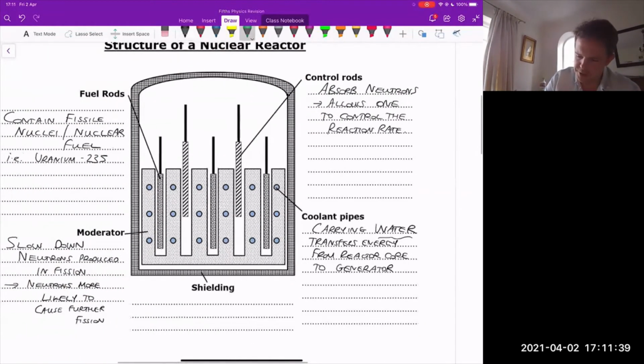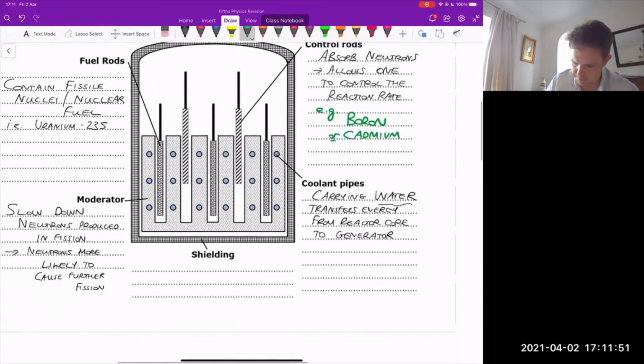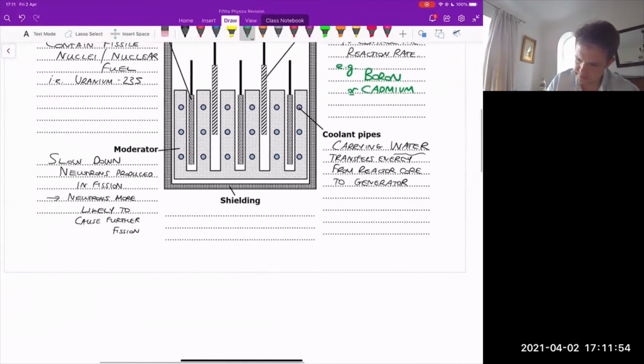Examples of materials used for control rods, you will remember, are either boron or cadmium. They're elements. And for the moderator, the typical materials are graphite.